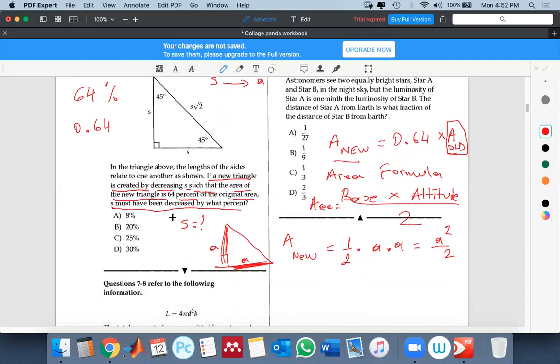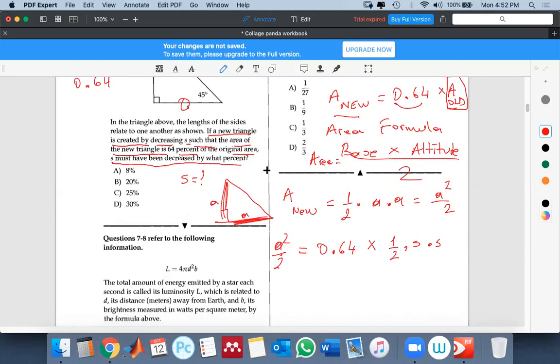A squared over 2 is the new area, which is equal to 0.64 times the old area. What is the old area? 1 over 2 times S times S, which means S squared over 2, right? Let me write: A squared over 2 is equal to 0.64 times S squared over 2.